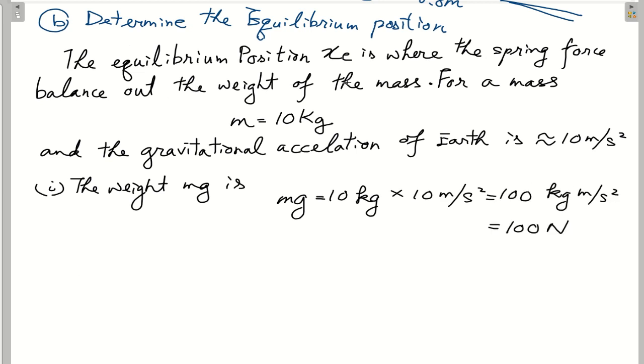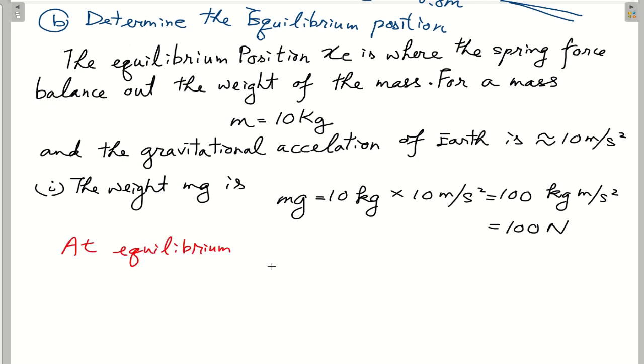The equilibrium position xe is where the spring's force balances out the weight of the mass. In this example, our mass m is equal to 10 kg, and the gravitational acceleration of the Earth is about 10 meters per second squared. The weight mg is equal to 10 kg multiplied by 10 meters per second squared, equal to 100 Newton.